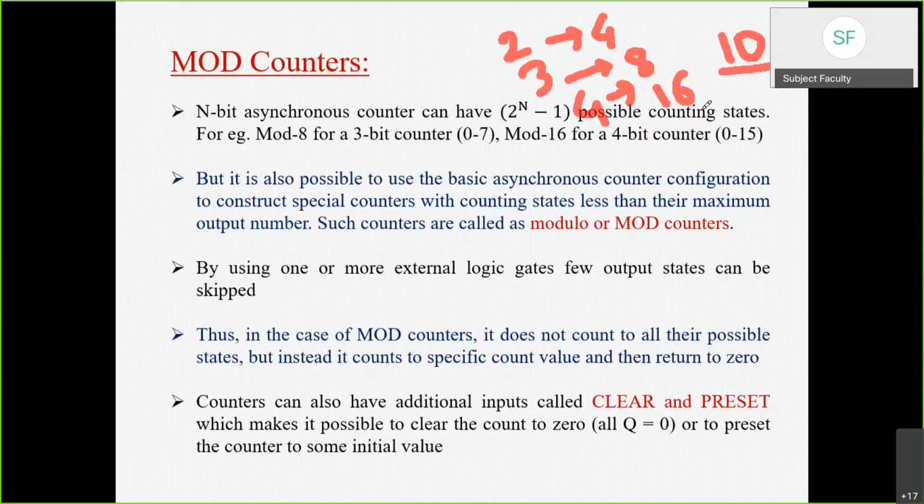But if someone needs in-between states, let's say 6 states, or someone is required to design a counter which will count only 10 states, then in that case you have to make some changes in your asynchronous counter circuit, and you have to skip some states.